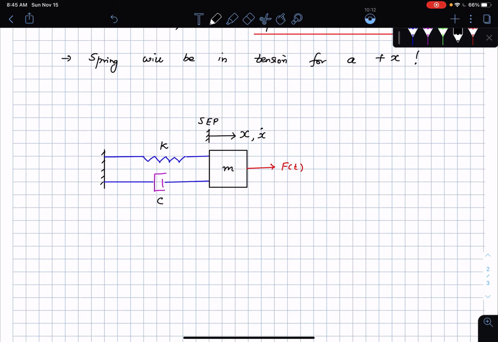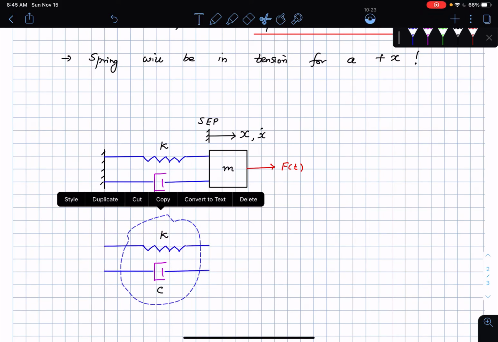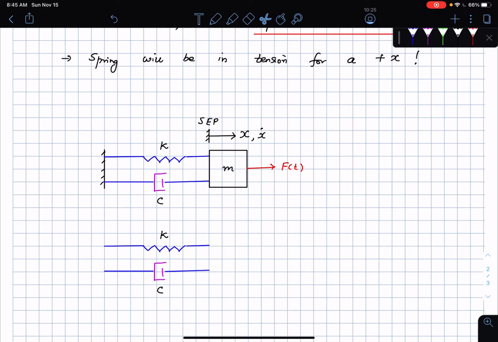Now we have everything done. We're going to draw the free body diagram of the spring and the damping element as well. So I'm just going to grab both of them together, copy them, and paste them down here. As the displacement of the mass takes place, the spring is going to have a restoring force. One end of the spring is connected to the wall, the other end of the spring is connected to the mass that is being displaced, which means that end of the spring is going to continue having the same direction of displacement as the mass.